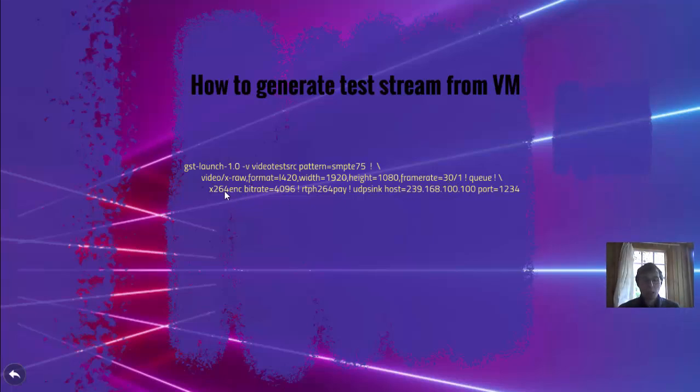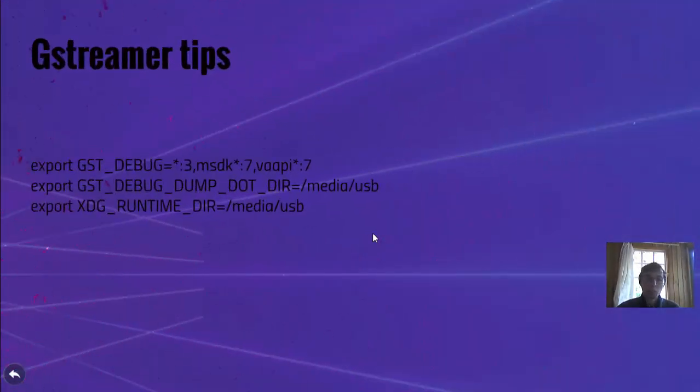The test stream will use the x264 encoder and send it through RTP. This stream will always be live. We could stream anything from the VM to somewhere and then connect and decode it. This is just an example of how you can generate a test stream. You don't have to use it, you can find your own scenario for your application.